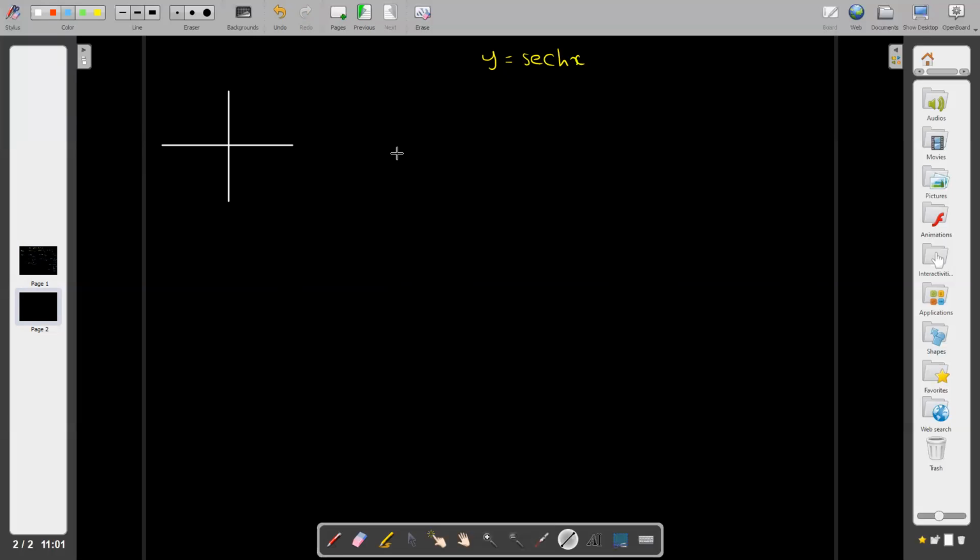So we know that this is going to be 1 over cosh x, isn't it? So let's draw a quick sketch of cosh again. It's a curve coming up here, on x and y axes. So sech x is going to be 1 over cosh x.